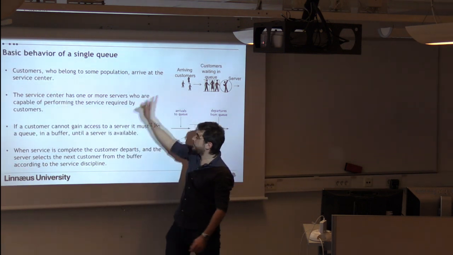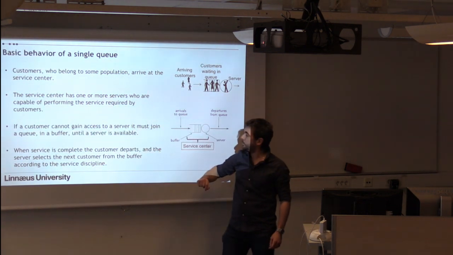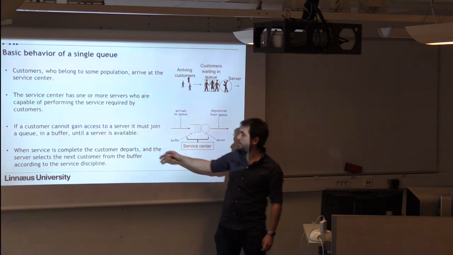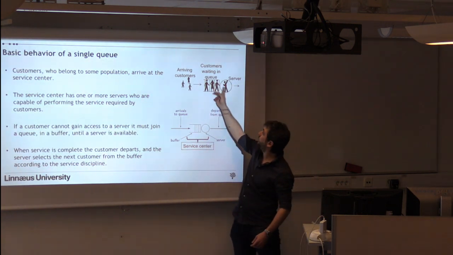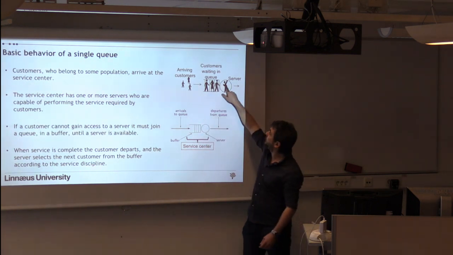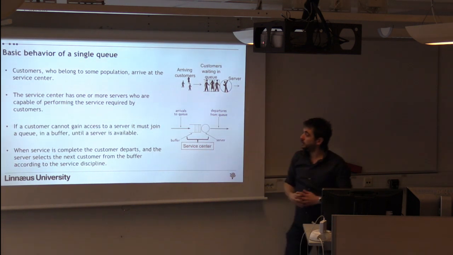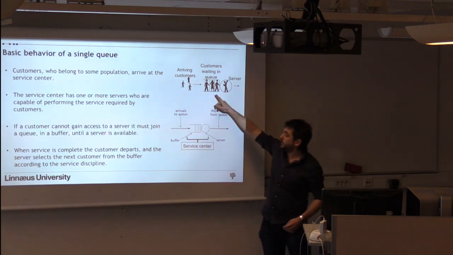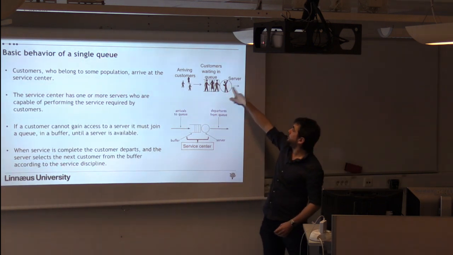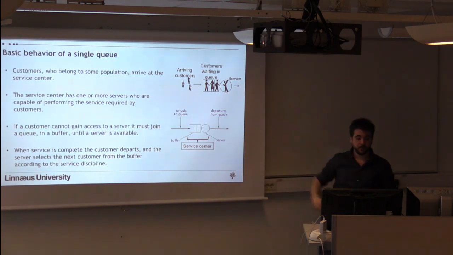If a customer arrives and cannot gain access to a server, the customer must join a queue in a buffer until the server is available. So if the server is serving somebody else, they wait in line, in the queue. And when the service is complete, the customer departs, and the server selects the next customer from the buffer.